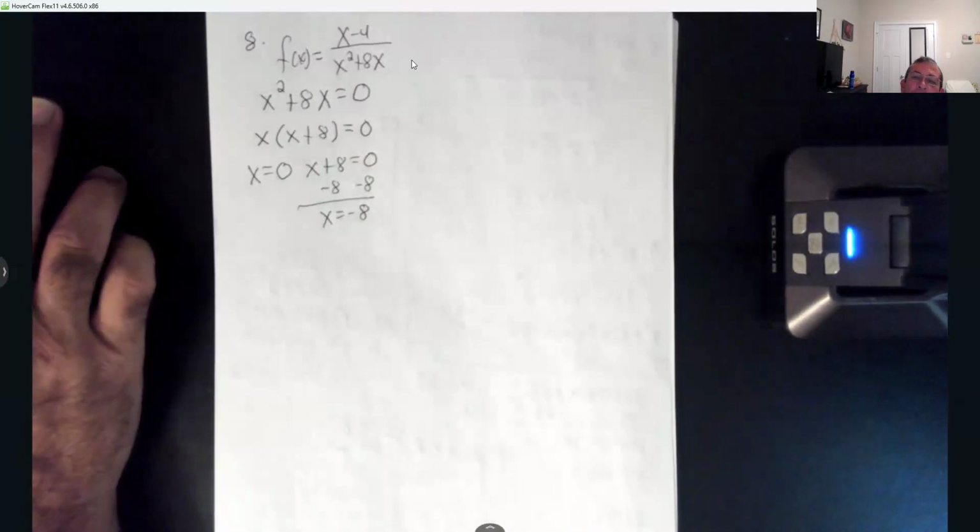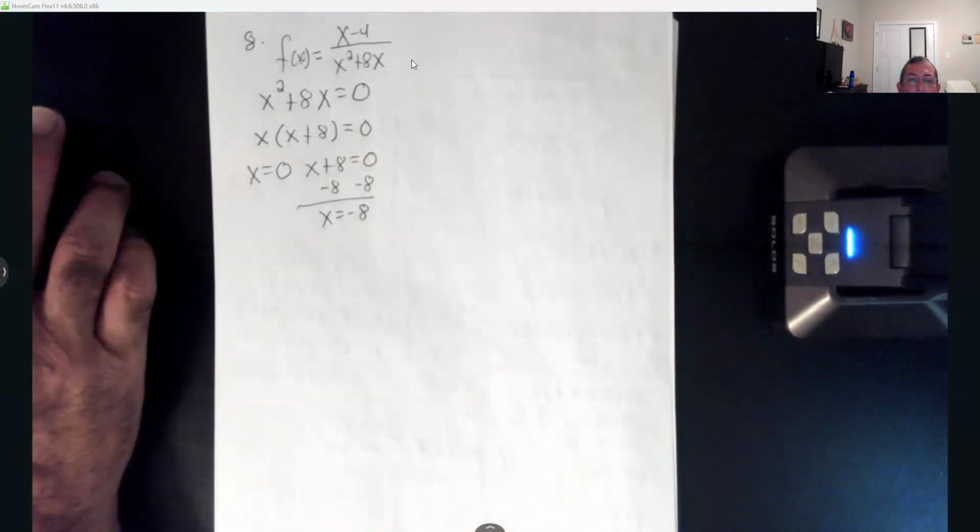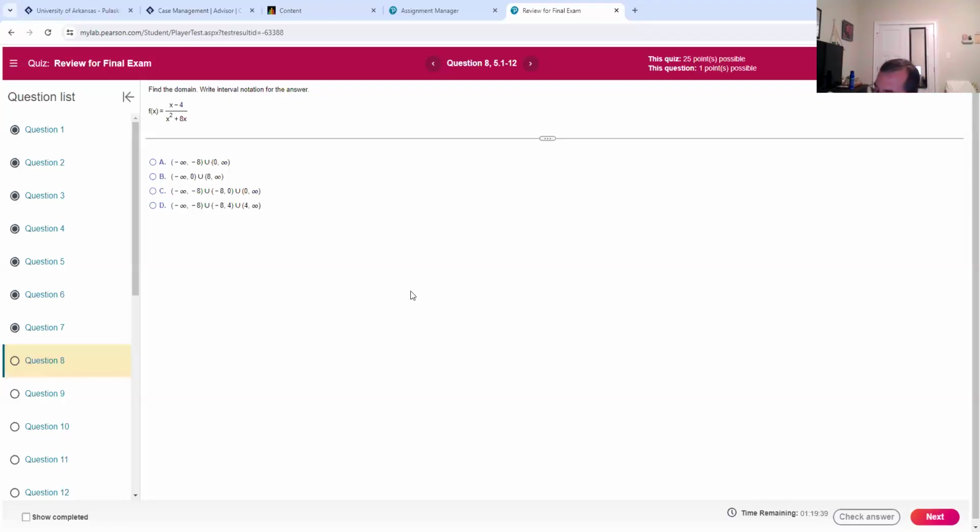All right, so remember, they wanted this in interval notation, I believe, right? So we start at negative infinity. We're cruising until we hit -8. We're going to union around -8. So it's got to be, well, C and D is the only ones at this point.